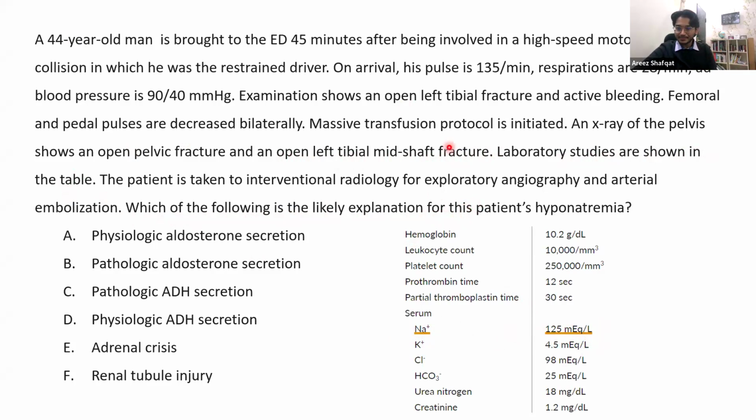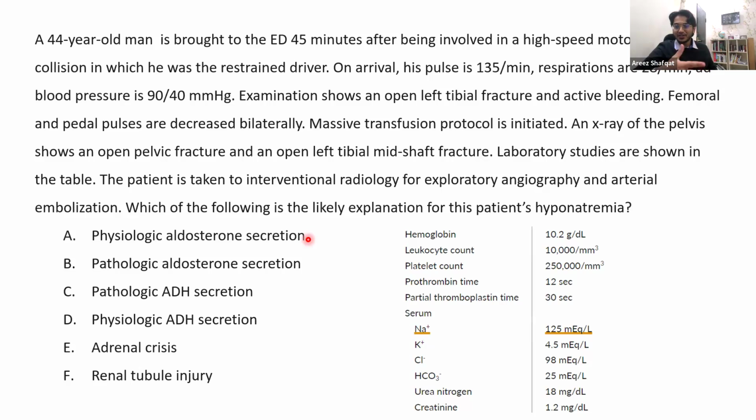Any ideas? Okay, so this patient has low blood volume or he is hypotensive.